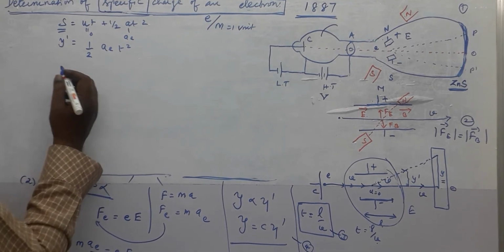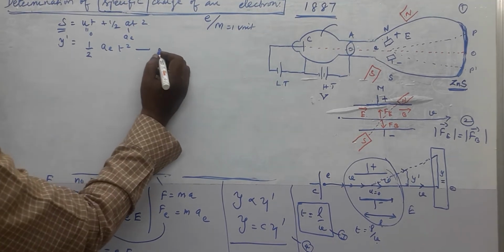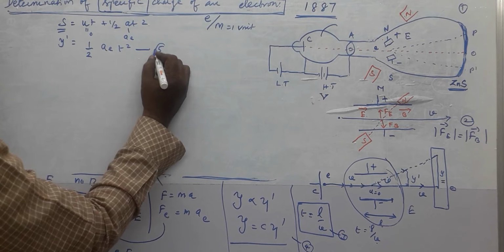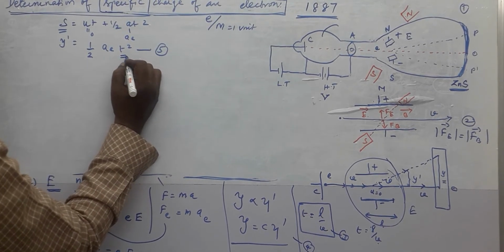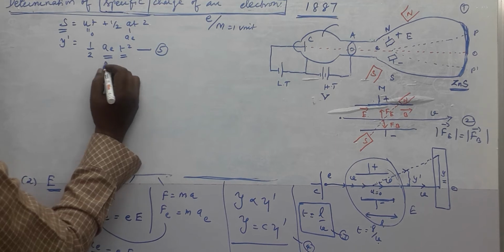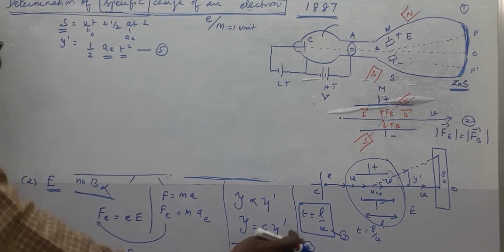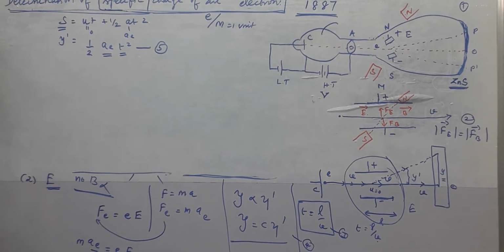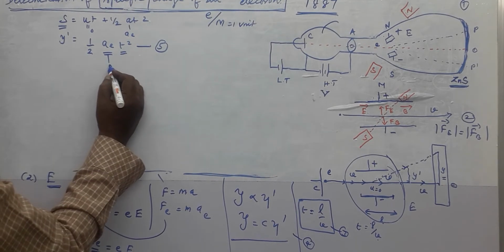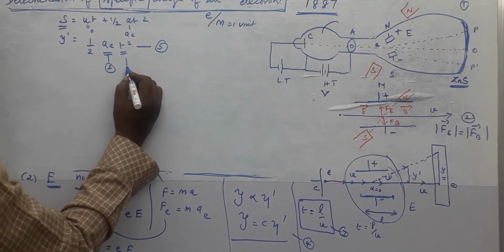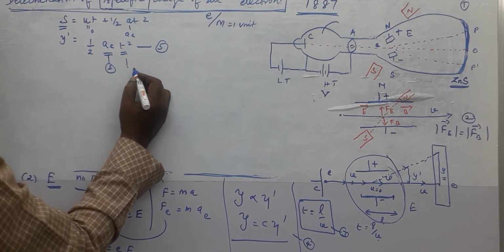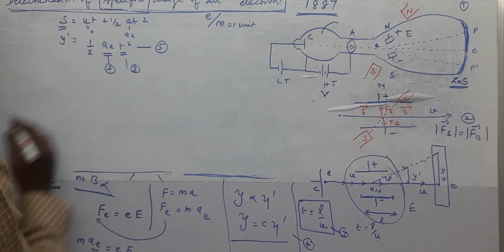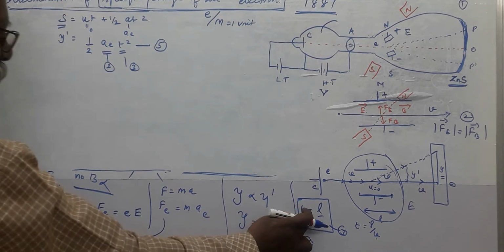Now consider this as equation number 5. In this fifth equation, we know the value of ae from equation 2, and as per equation 3, we know the value of t.